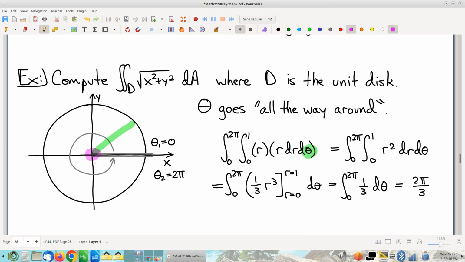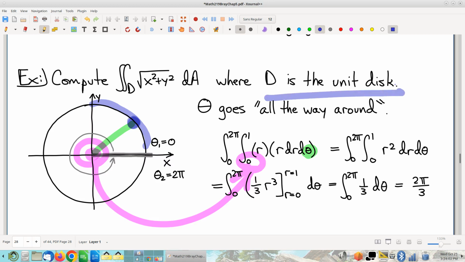I can just kind of straight up see that r is equal to 0 there. And then likewise, where's my last value of r? Well, it's there, which is on this curve. And being as this is the unit disk, conveniently, I know what its distance from the origin is. It's the unit disk. This distance from the origin is 1, and that gives me 1 as my upper bound. Is everybody happy?